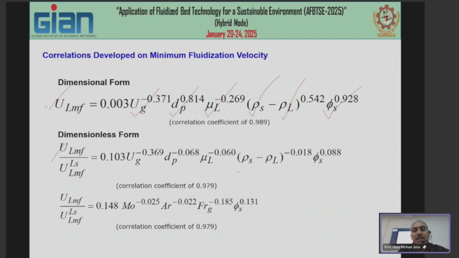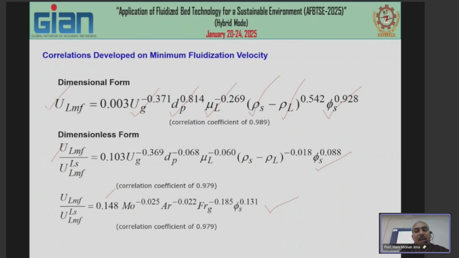Again, another expression is there for that. Then it can be combined into different types of other dimensionless factors. Instead of the gas velocity, particle size, liquid viscosity and densities of the phases, it can be combined into dimensionless groups. Here, this third correlation you see is in terms of Morton number, Archimedes number and gas phase Froude number.